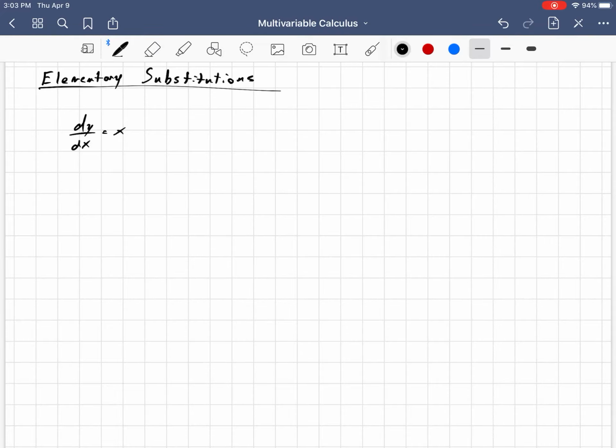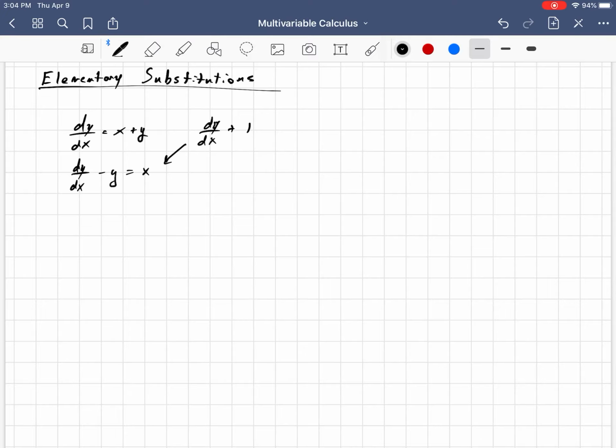As a very basic example, if I were to give you dy over dx is equal to x plus y, you could say to yourself, well, there's a number of ways to solve this, really. For example, the way that is more mechanized, so to say, we could move the y to the other side, and this is equal to x.